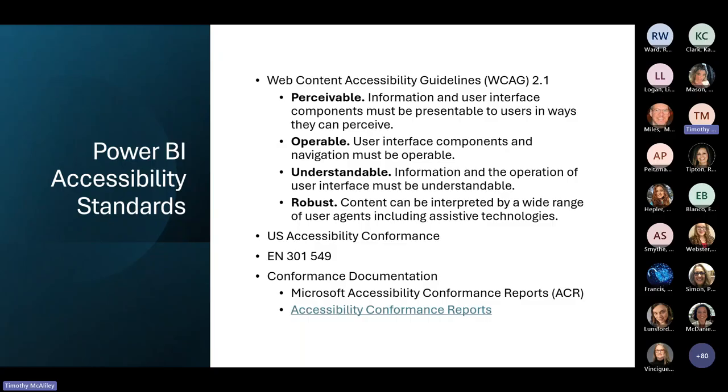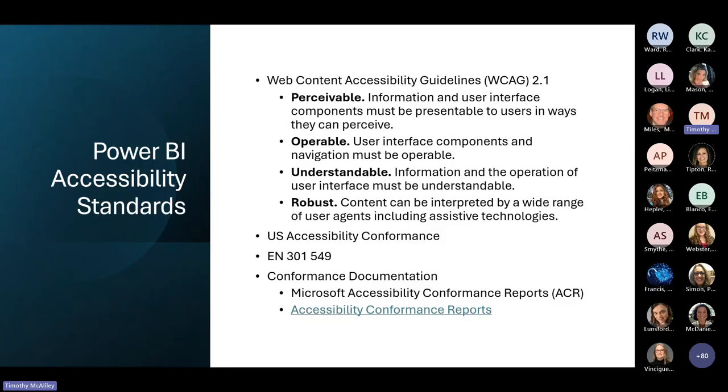There are some Power BI accessibility standards. There are the Web Content Accessibility Guidelines, WCAG 2.1, and that's founded on the principle that the information in your report is perceivable, operable, understandable, and robust, right? The information and the user interface components need to be presentable to users in a way they can perceive. Operable: you want to make sure that the interface components work and the navigation works.